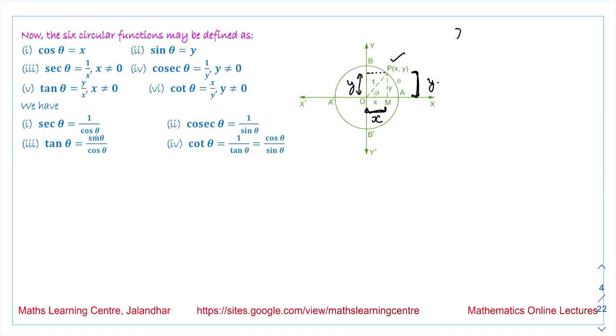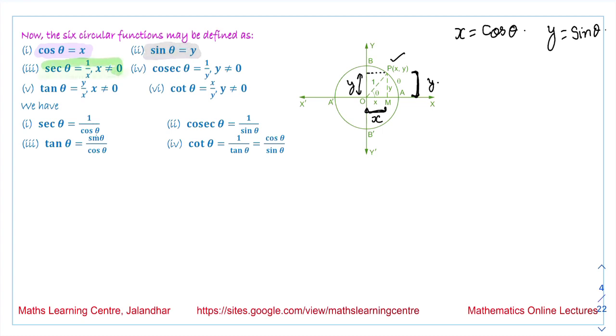So the first function, x is equal to cos theta. Second, y is equal to sin theta. This is just the definition of how the circular functions are defined: cos theta is equal to x, sin theta is equal to y.